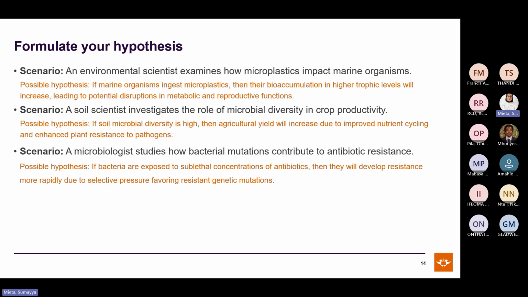So it needs to be observable and testable. It needs to be specific. You should be able to predict the type of tool that you will use to prove your hypothesis. Would that answer your question, Pila? Okay, very clear. Yes, it does. Thank you.